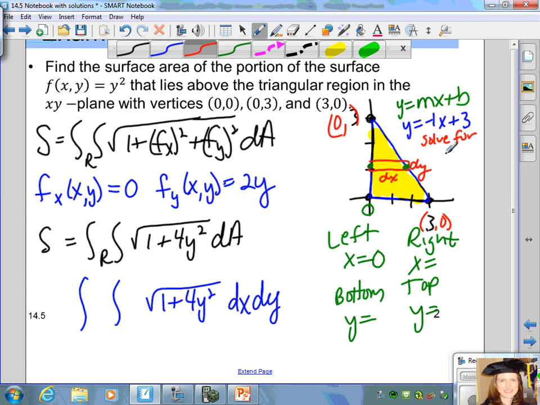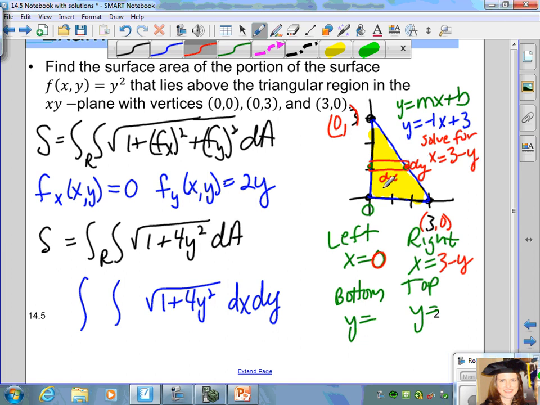Moving x to the other side and subtracting y, you get x equals 3 minus y. So that is going to be our upper bound for x, and our lower bound for x is x equals 0.